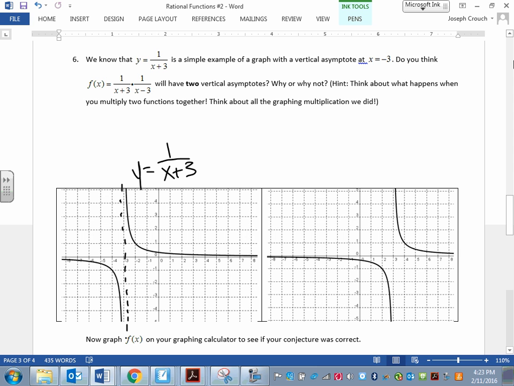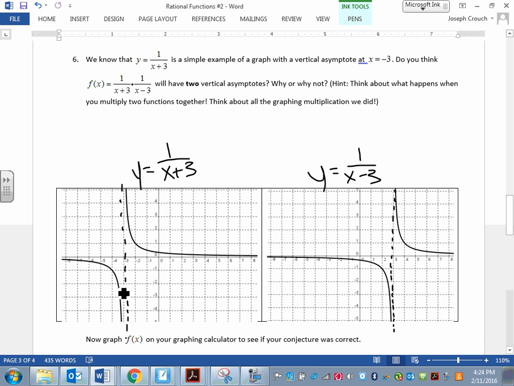This graph over here is y equals 1 over x minus 3, because it's got the vertical asymptote at 3. I can see that because if I plugged in 3 here, I would get 1 over 0, and that would be undefined. Now, if I think about multiplying these two, I'm going to take values from this one times this one.